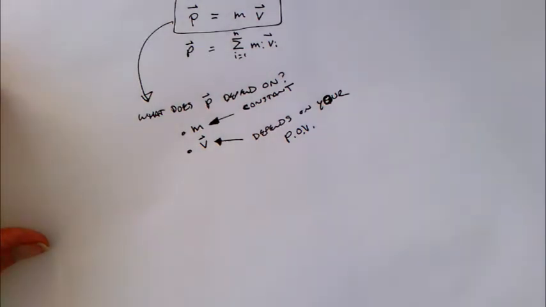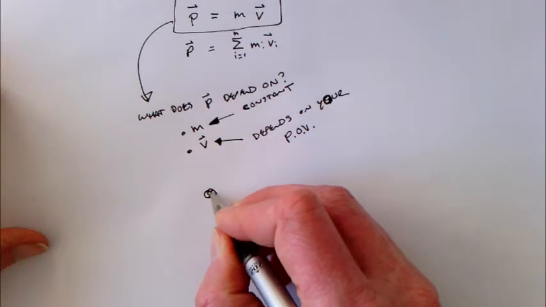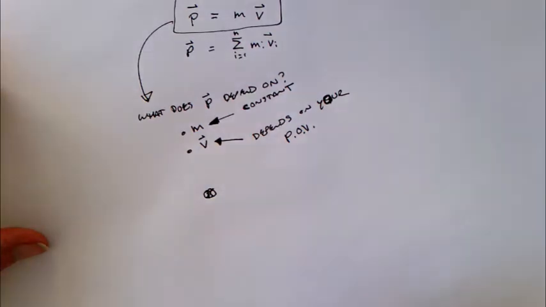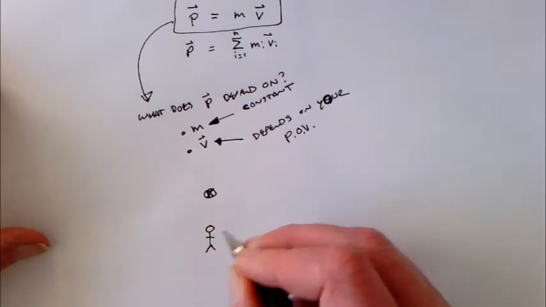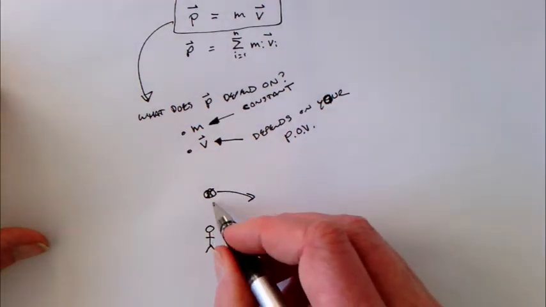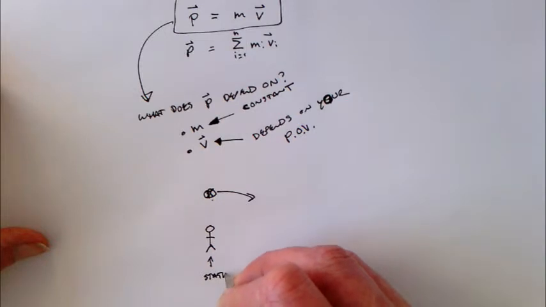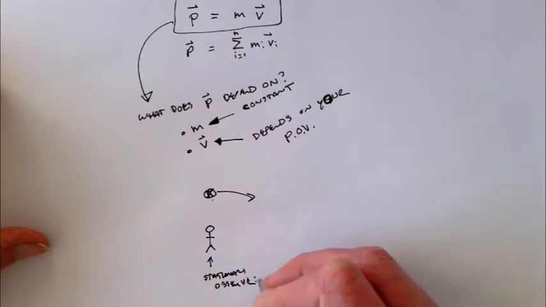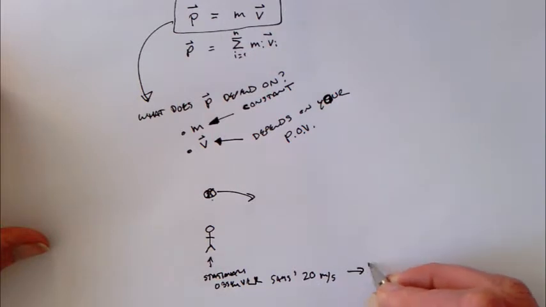All I'm saying is that if I imagine a baseball, and I'm standing here, and someone throws that baseball and I'm watching the baseball go by, I would say, aha, the baseball has a velocity to the right. So the stationary observer maybe says the velocity is 20 meters per second to the right.